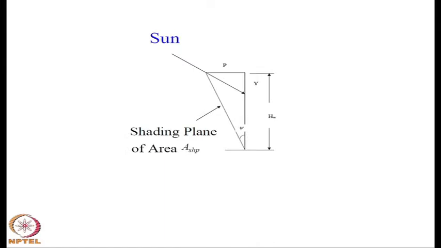So, that is what I have shown in this picture. The sun's rays will hit the window at some y distance away.